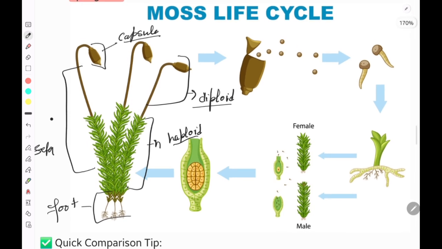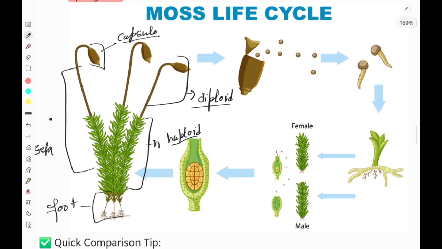Here you can see the life cycle of mosses. We can start from this protonema, which develops into the upper leafy structure and rhizoids.